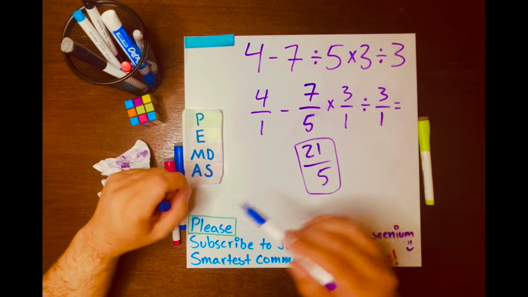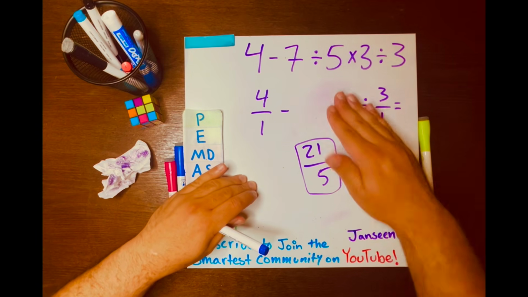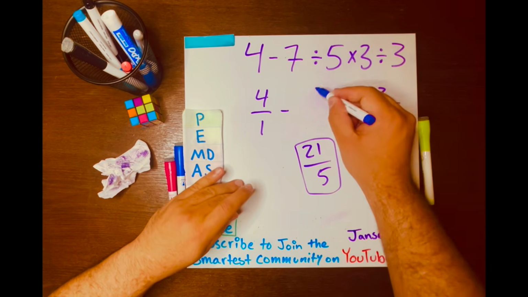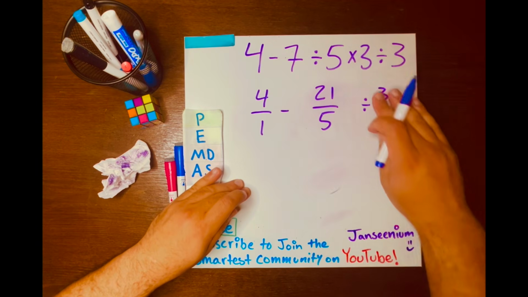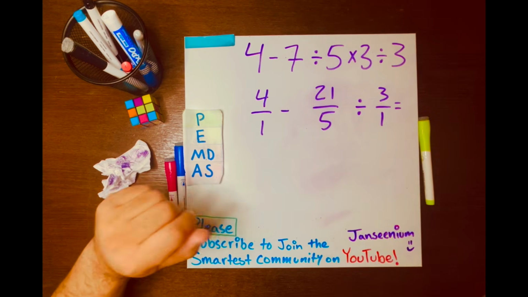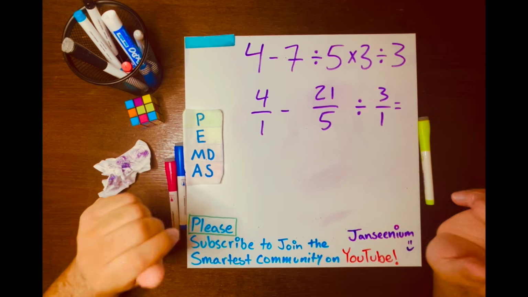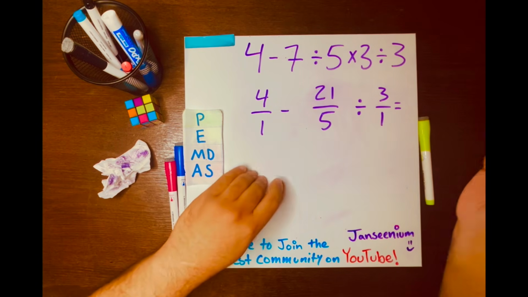So you have 21 over 5. Next, I'll erase the middle part and write in 21 over 5. Now you tell me, do you start with subtraction or division? If you pick division, you are correct. If you pick subtraction, you are wrong.